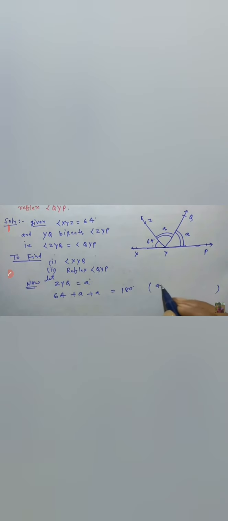Now 64 plus 2A is equal to 180. We know that because they are a linear pair, angles on a straight line.